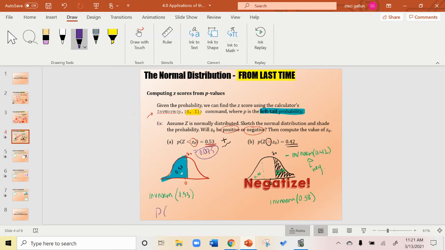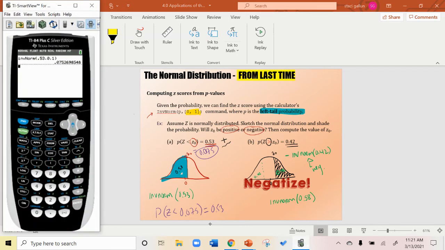So what we've just figured out is the probability, and you can even check your work with this, that it's less than 0.075 is 0.53. Okay? It should be pretty close to 53%, pretty close. It's not far above 50%.